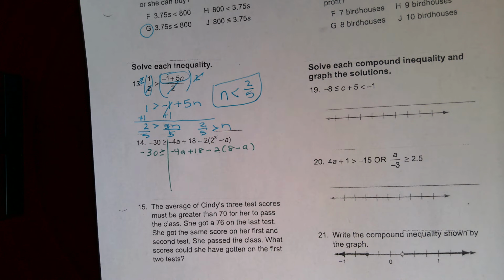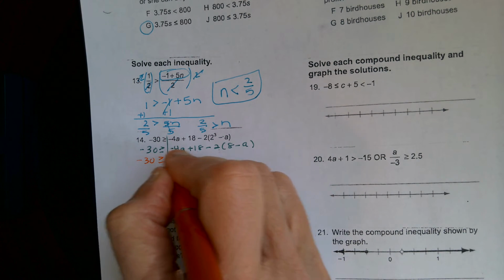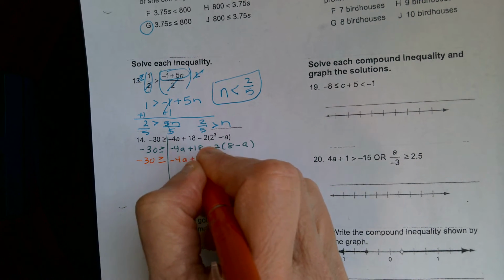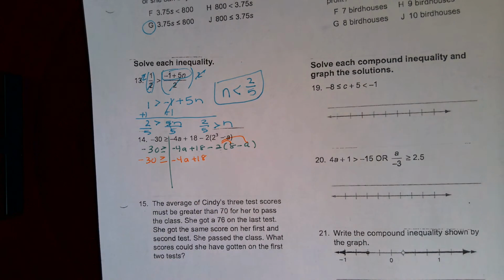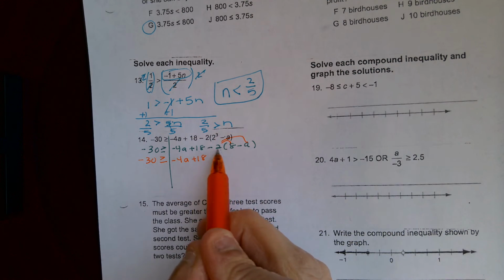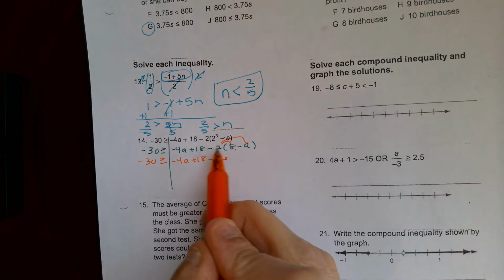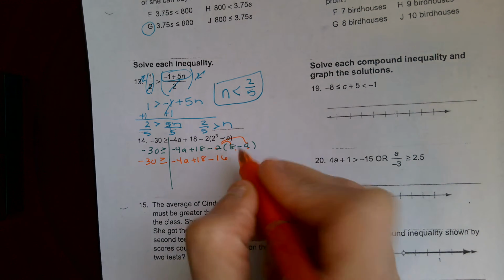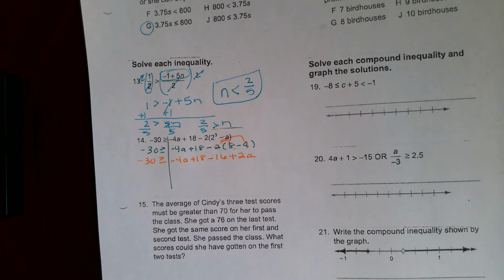You got to get rid of that parenthesis first. So I'm going to rewrite this left side. Because now I need to distribute that to both terms. So what is -2 times 8? -16. -2 times -a is +2a. Great. All the parentheses are gone.